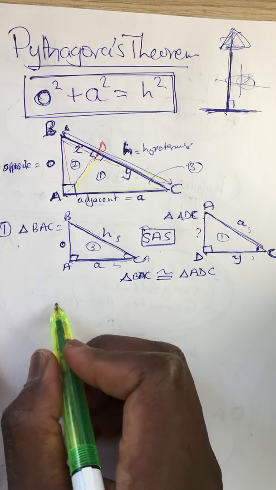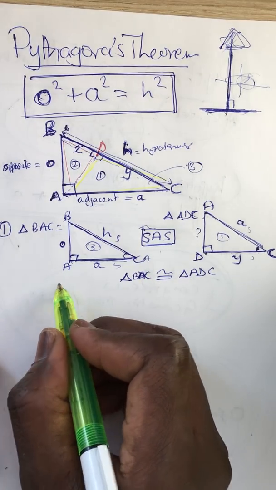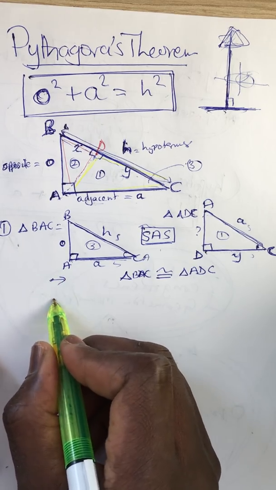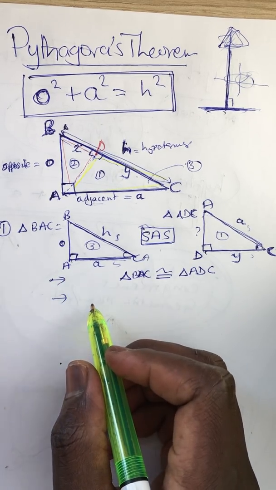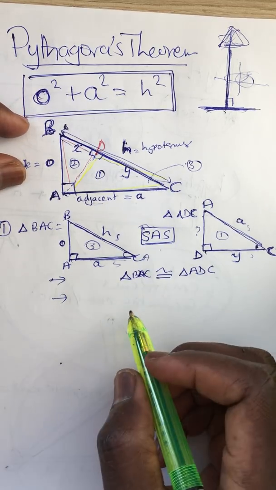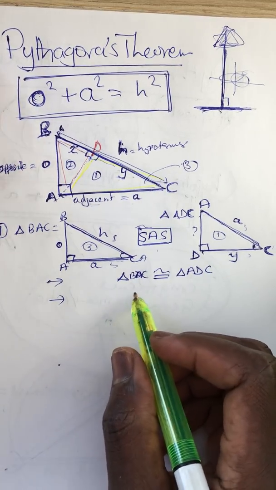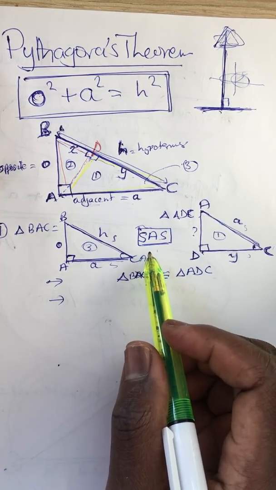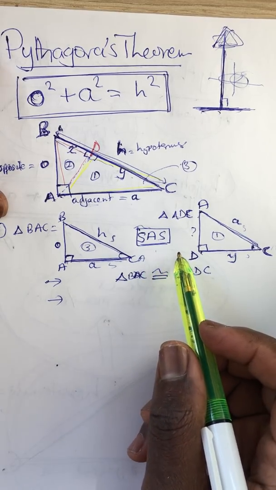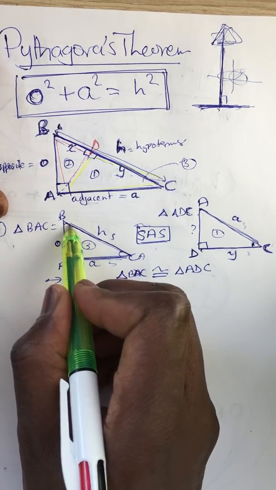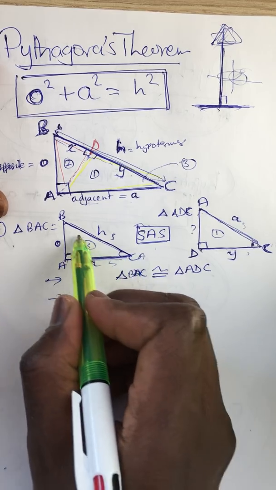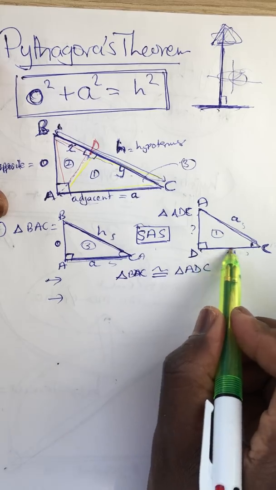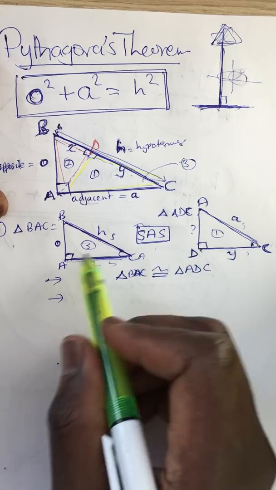Now the second thing to do, having used similarity, is to use geometric means to come up with the ratios, to see how one is a rescaled version of another. So how can we do that? We are going to apply geometric ratio by looking at the hypotenuse of each of the triangles, and these are the sides which are common to each of them.